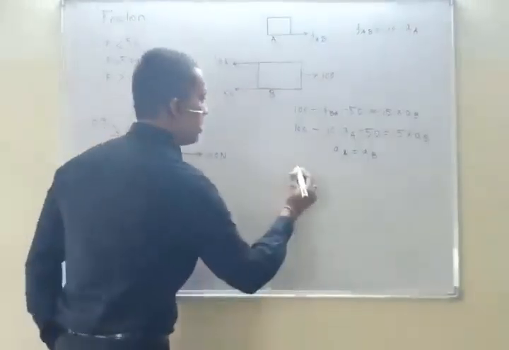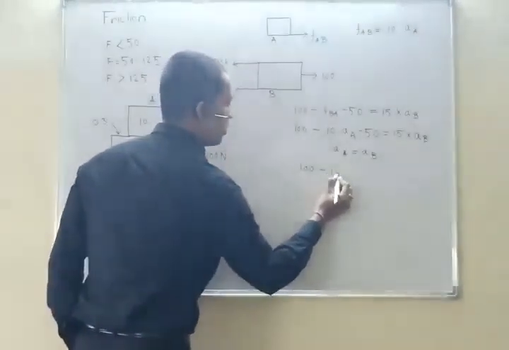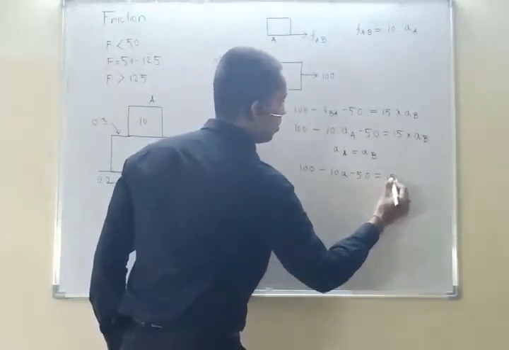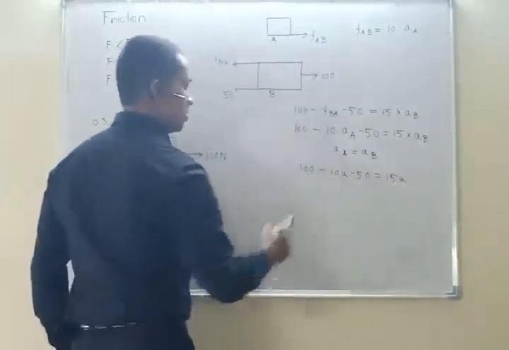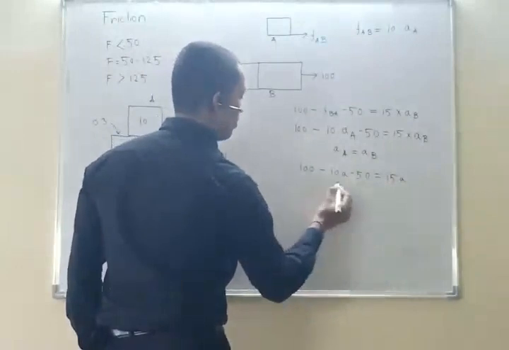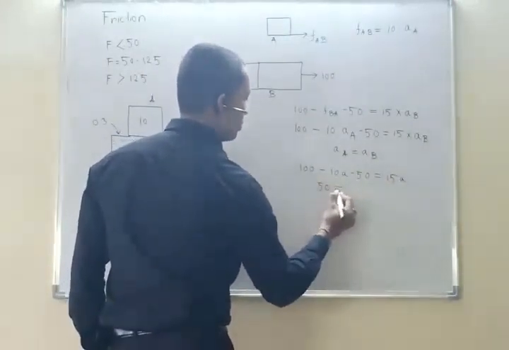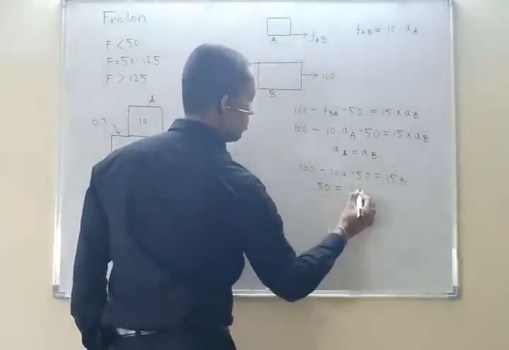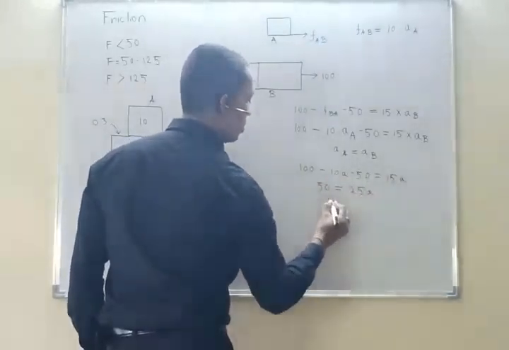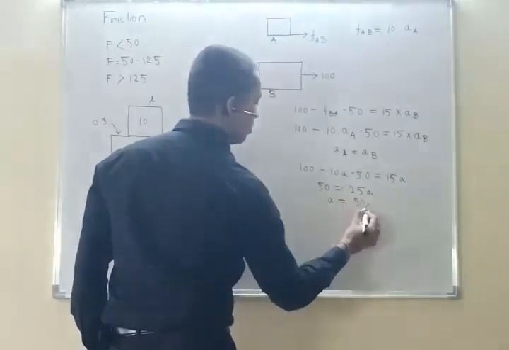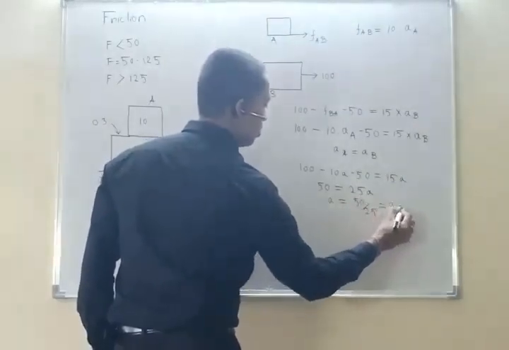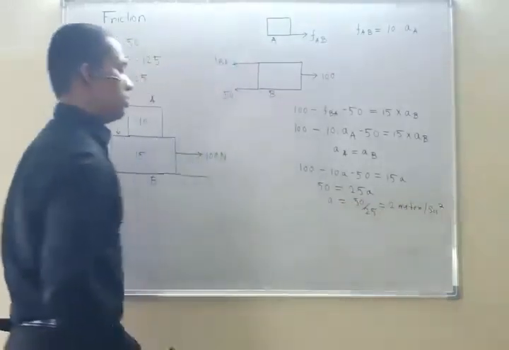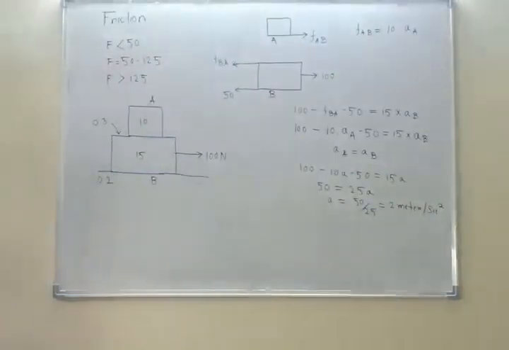So now I can write 100 minus 10A minus 50 equals 15A. So 50 is equal to 10A plus 15A, that is 25A. So A is equal to 50 by 25, that is 2 meter per second square.